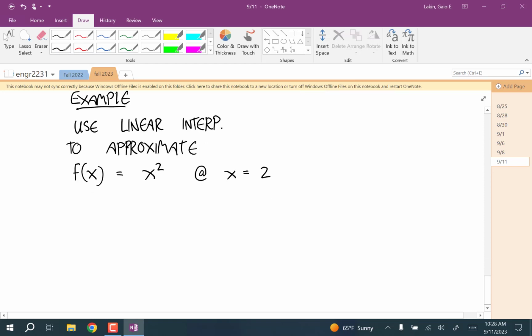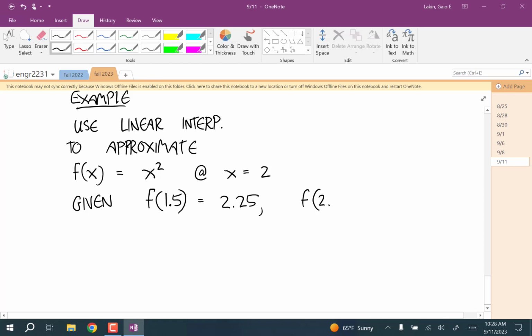And so let's say what we're given is that F at 1.5 is 2.25, and F at 2.5 is 6.25.